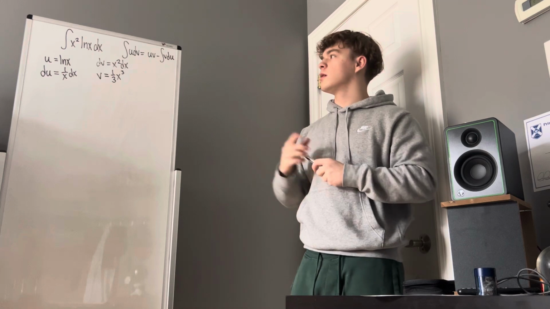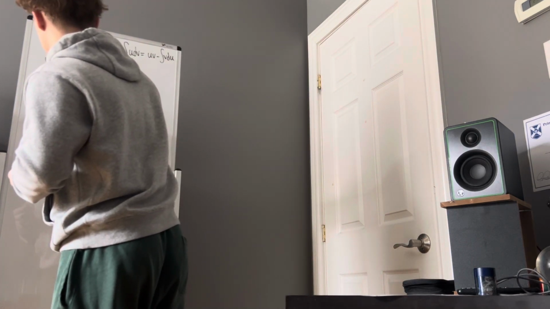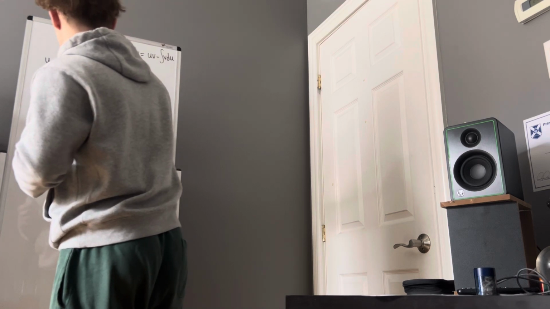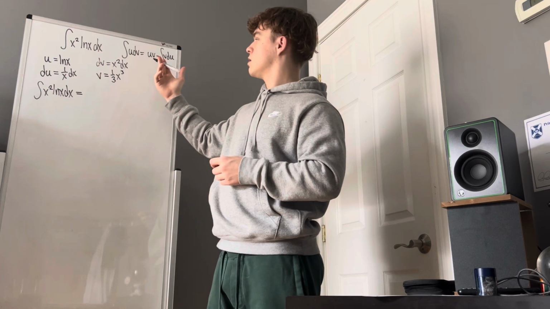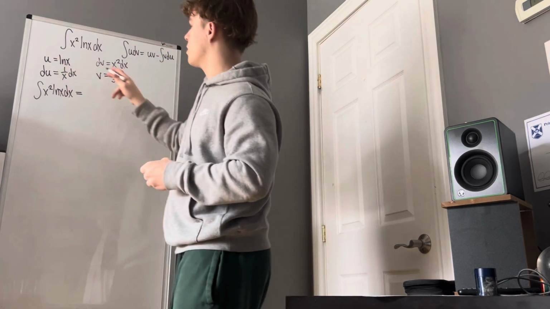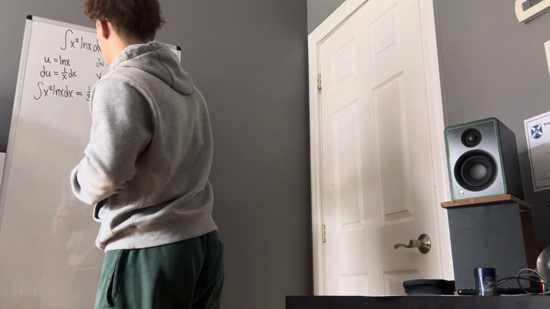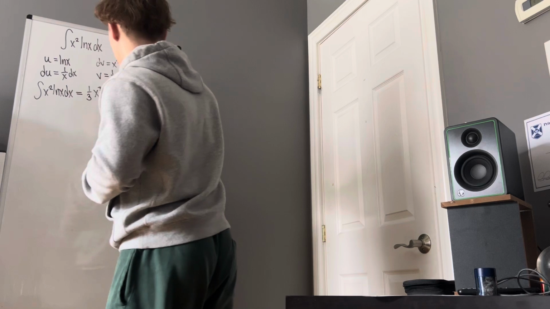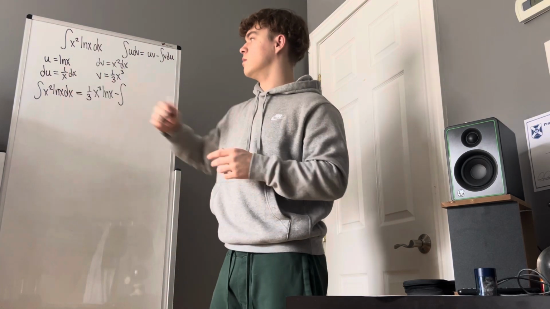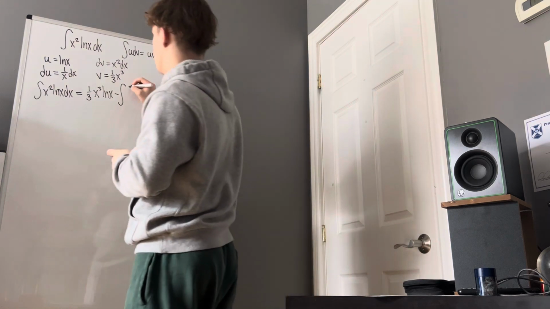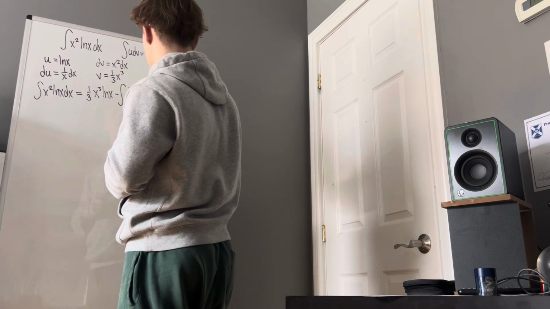So here we have it. Our integral of x squared ln x dx equals, well, u is ln x, so we need our u and our v at the start here: 1 over 3 x cubed ln x minus the integral of v du. So we've got 1 over 3 x cubed times 1 over x dx.